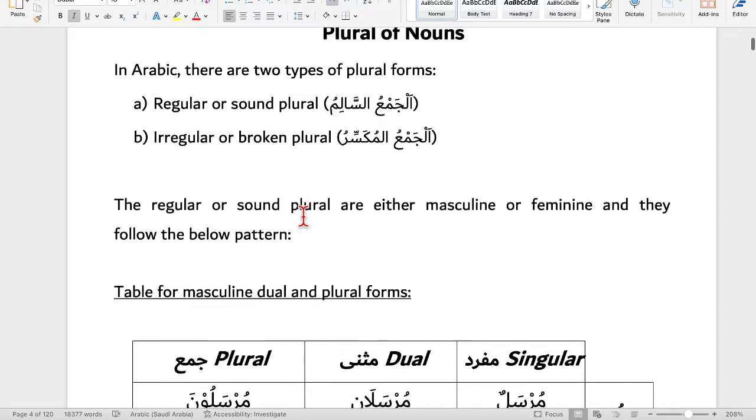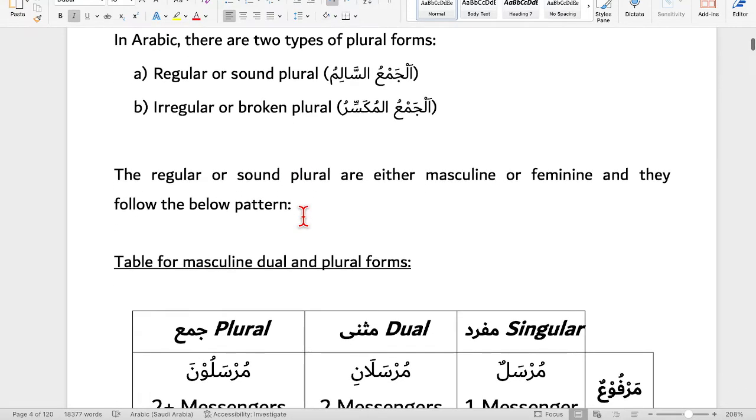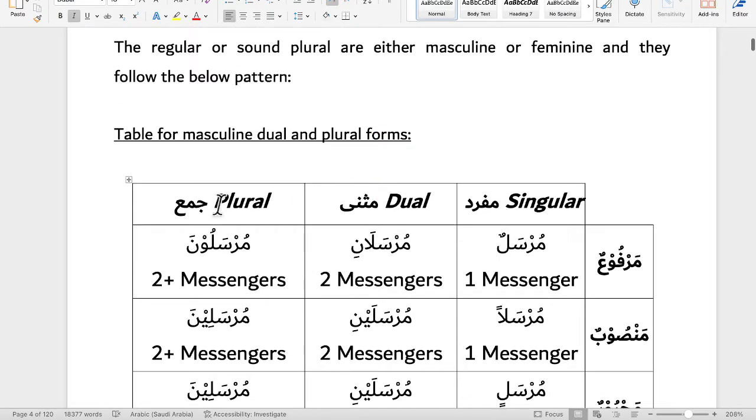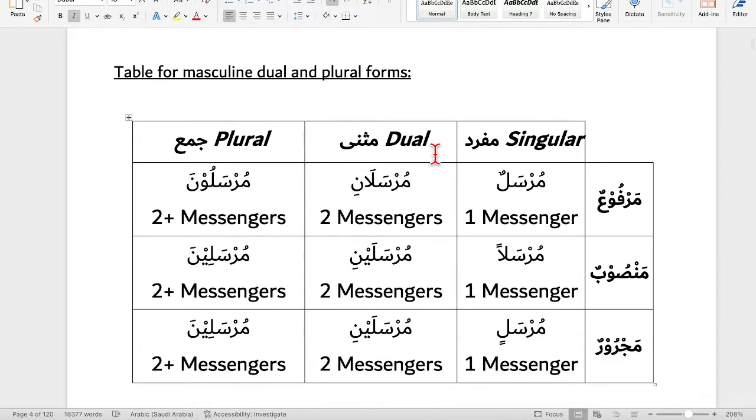So for the regular one, there is a separate pattern for the masculine form and a separate pattern for the feminine form. This is the table for the masculine form.